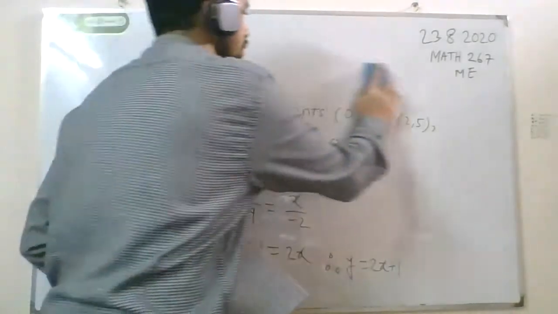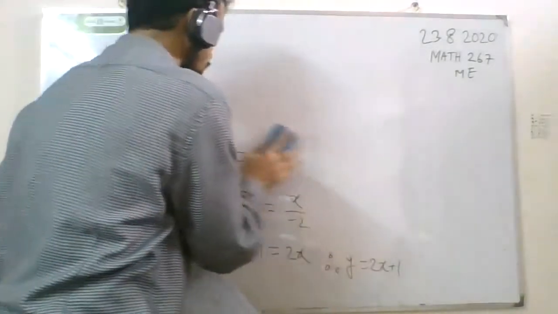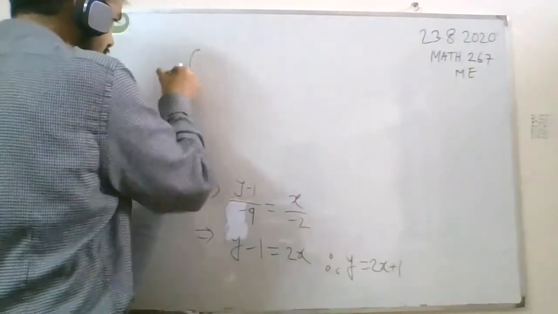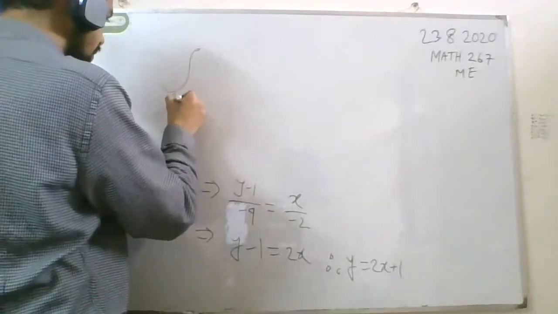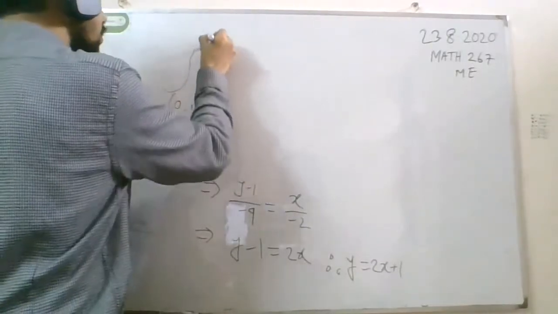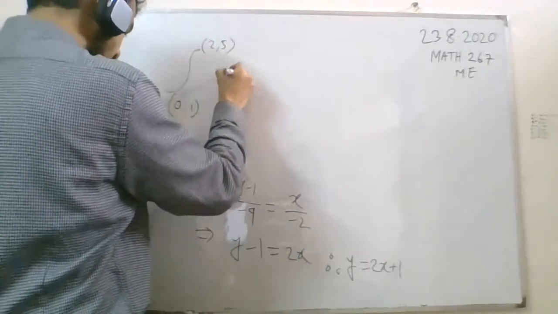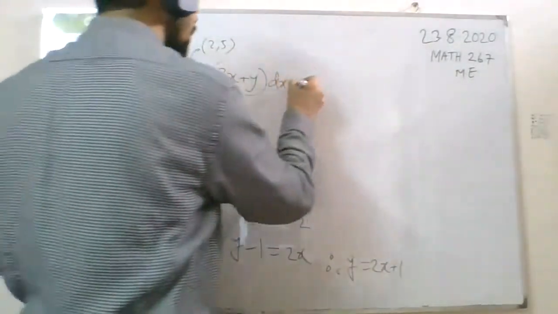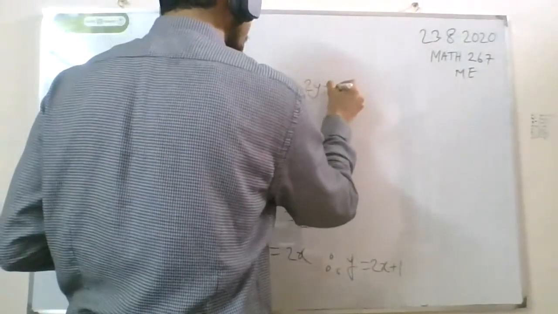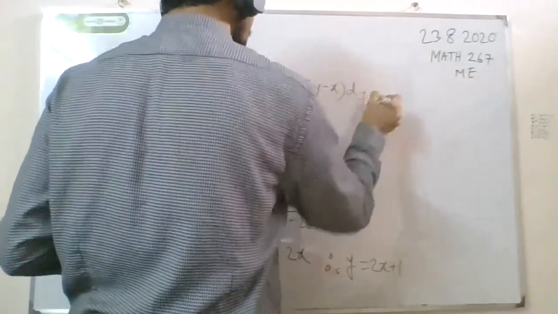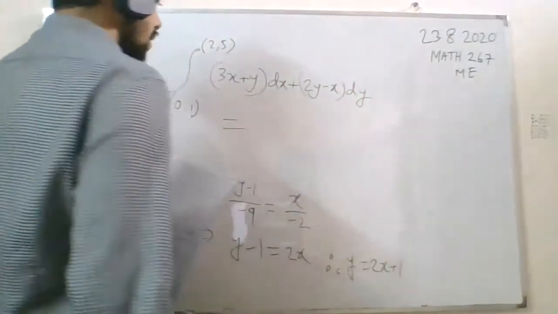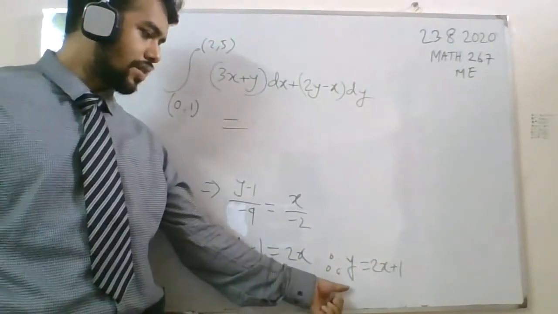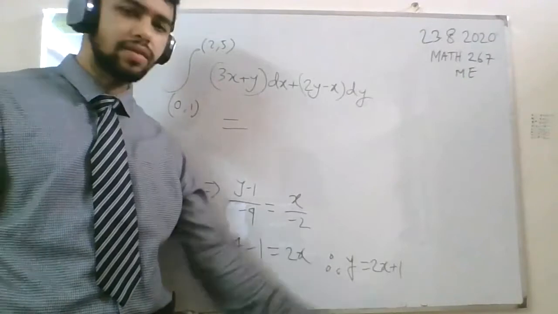So for solving, here given (0, 1) and also (2, 5), (3x + y) dx and also (2y - x) dy. Okay. Now take a look here. Just here you can find y equals 2x plus 1.